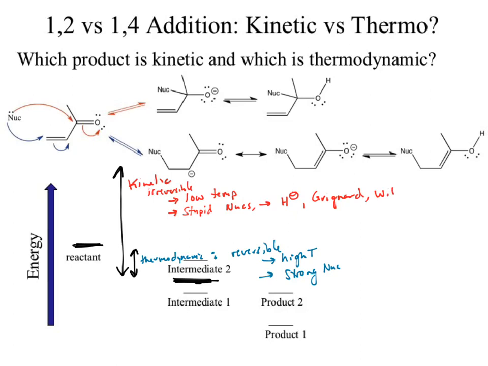Wittig. How about some strong nukes? Okay. Whoops. Come on, Mike, color code. Oxides, O minuses are strong. Nitrides. And here's the fun one. Negative carbons.